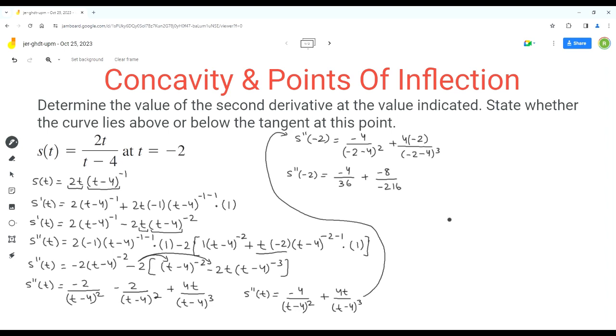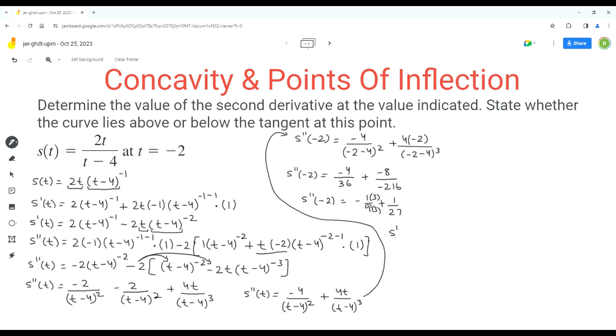Now we can simplify these fractions. So negative 4 over 36 can be reduced to negative 1 over 9. Negative 8 over negative 216 can be reduced to positive 1 over 27. Now we can combine these fractions by finding a common denominator. So the common denominator will be 27. So we'll multiply the first fraction in the numerator and the denominator by 3.